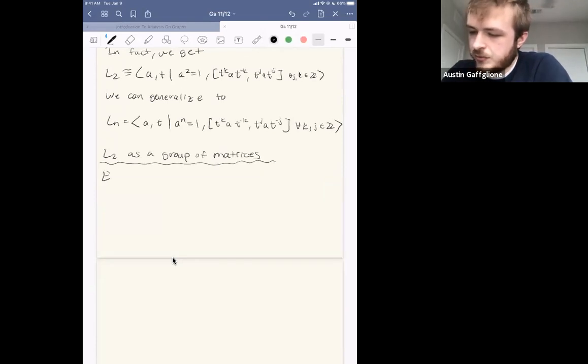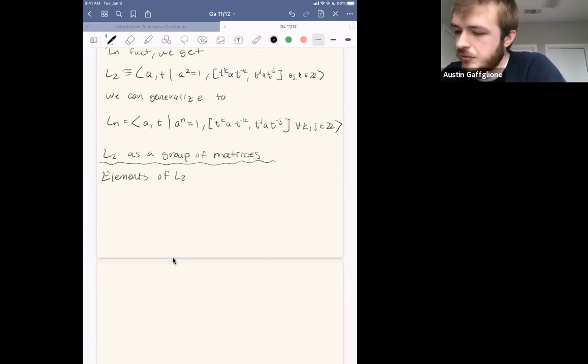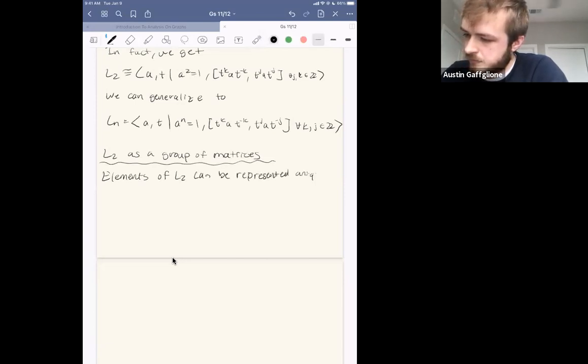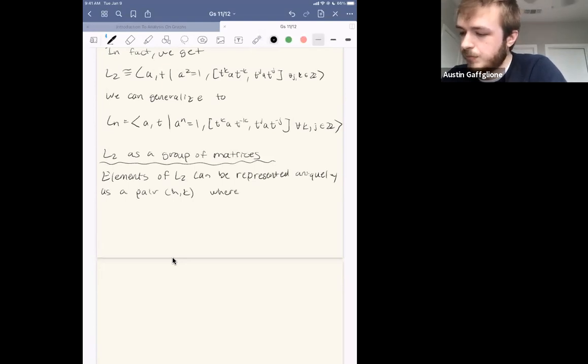So I can represent elements of L2 uniquely as a pair H comma K, where, of course, as we defined before, H is a bi-infinite direct sum of Z2, and K is an integer.